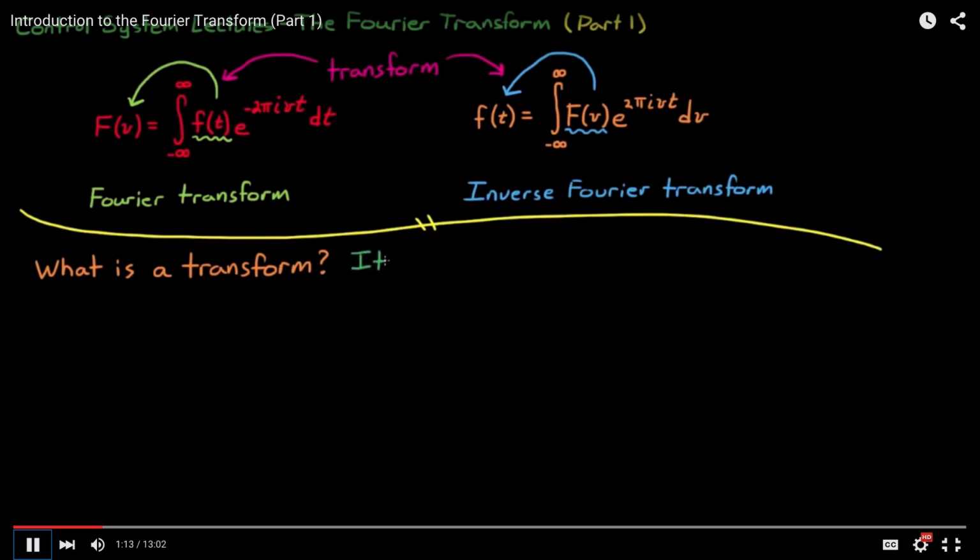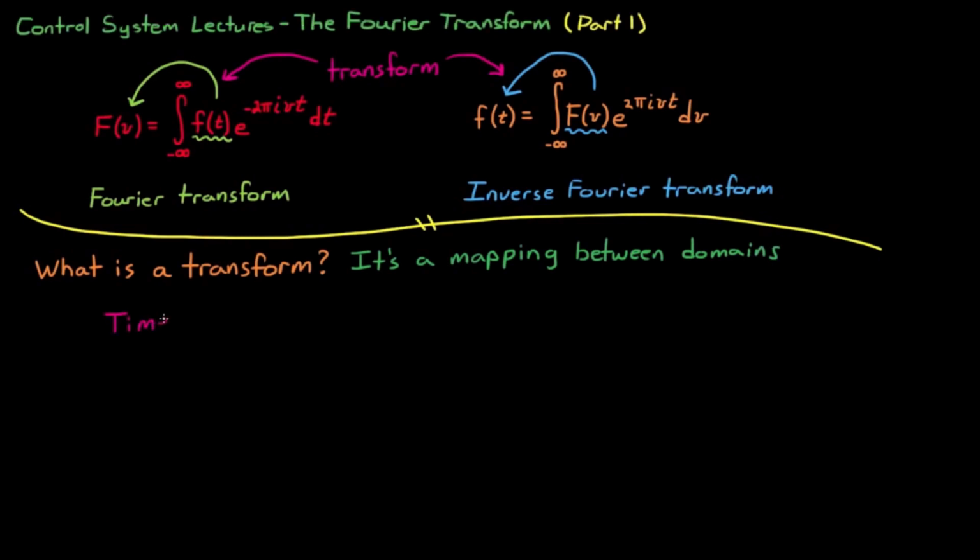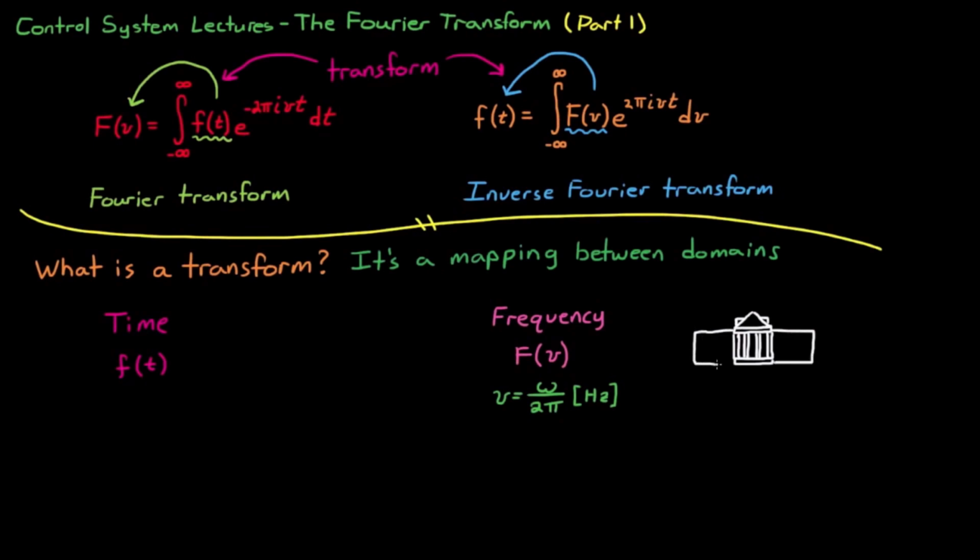A transform is a mapping between two different sets of data, or domains. In this case, it changes information in the time domain into information in the frequency domain. Here I'm using the variable nu to represent frequency in units of hertz, or cycles per second. The data in these two domains look different and can even vary in length, but it still represents the exact same information. For example, if I asked you to find me at the White House, assuming you knew where that was, that title would be all you would need to know to find my location.